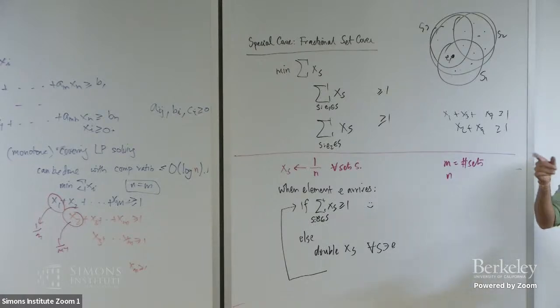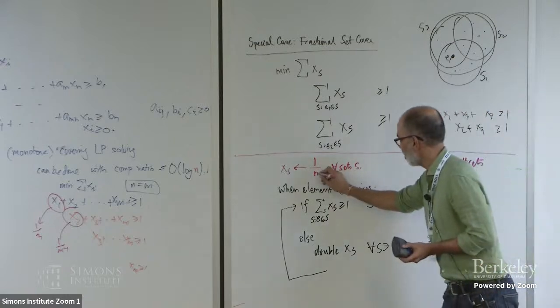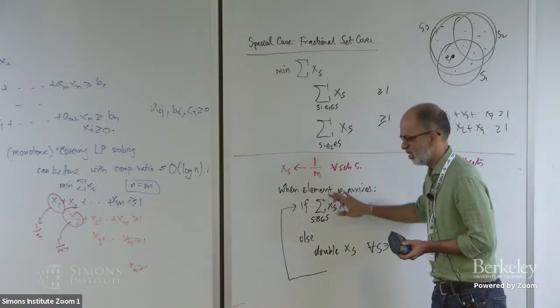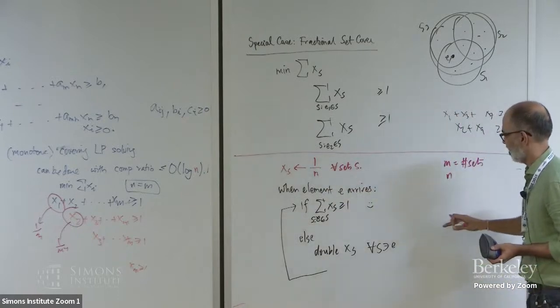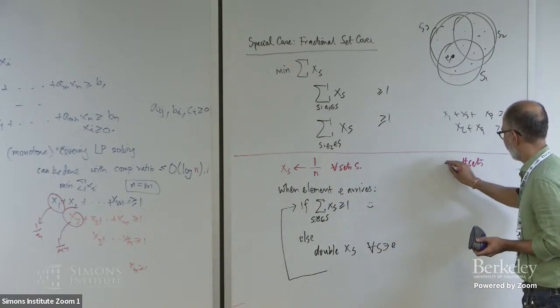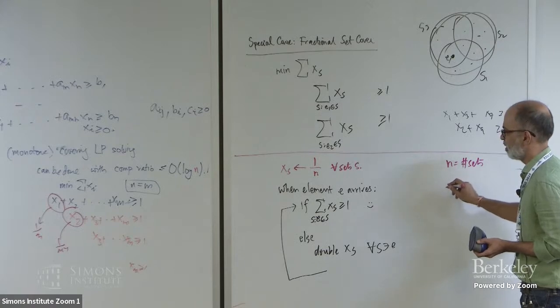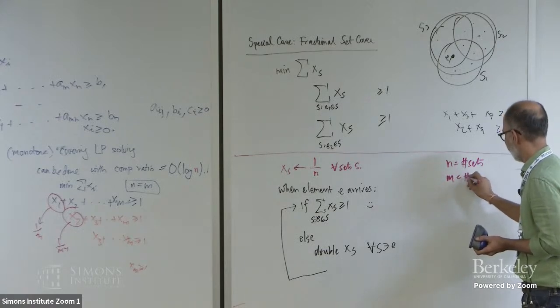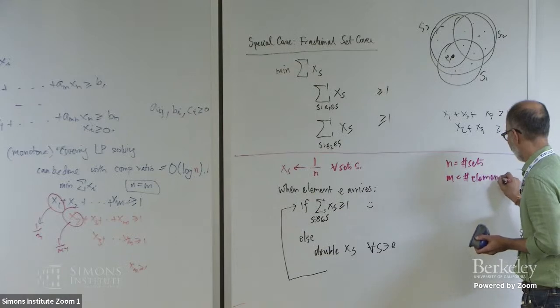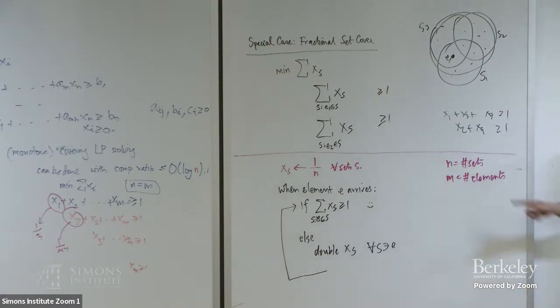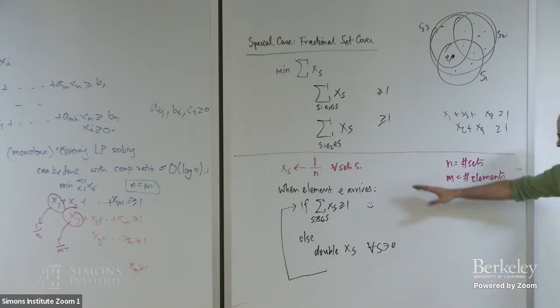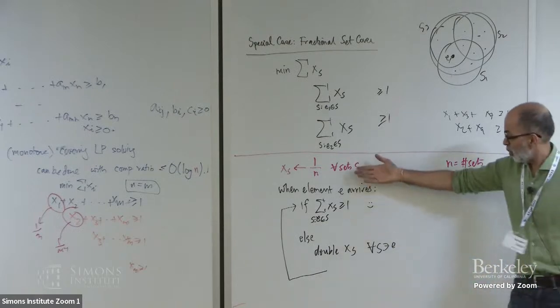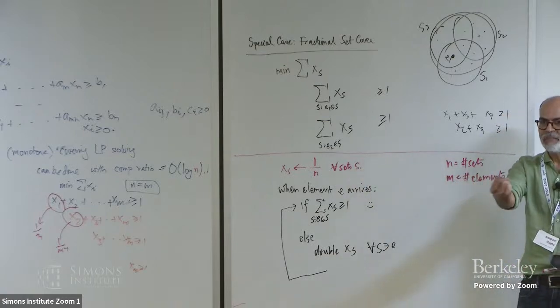Okay. Thank you. So let me go back to this. You should probably use n. It's confusing. Okay, good. Number of sets is n. Okay, but let's go back to, don't worry about the parameters, hopefully. I'm not confusing you too much. When an element arrives, initially, I give 1 over n to every set.